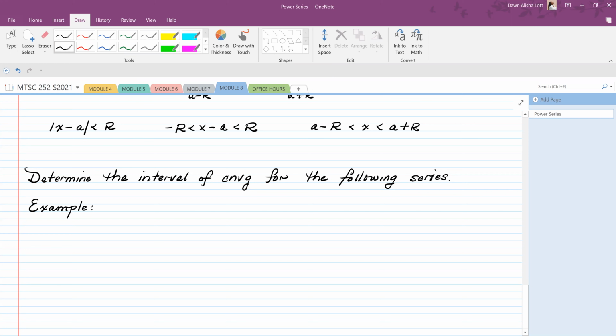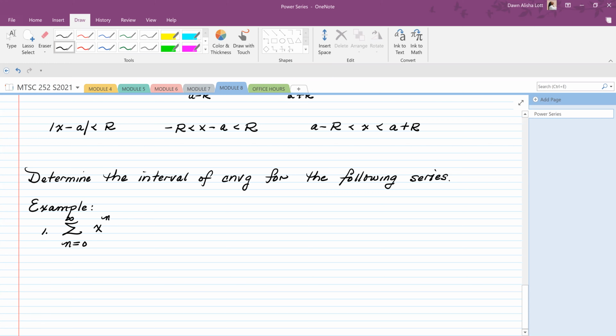Let the first one be the sum n equals 0 to infinity of x to the n.